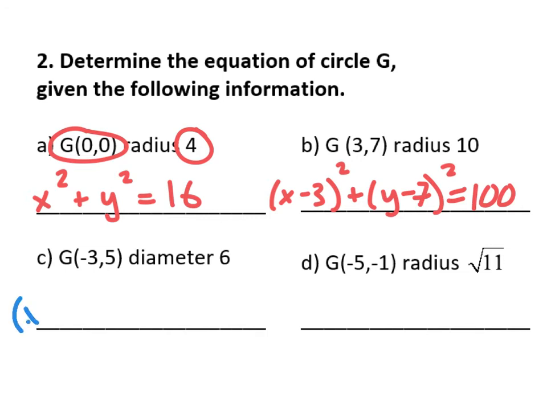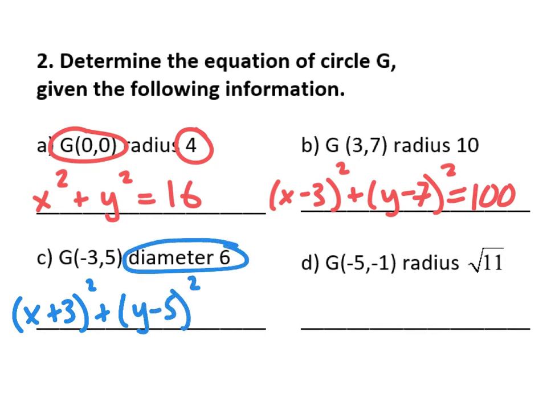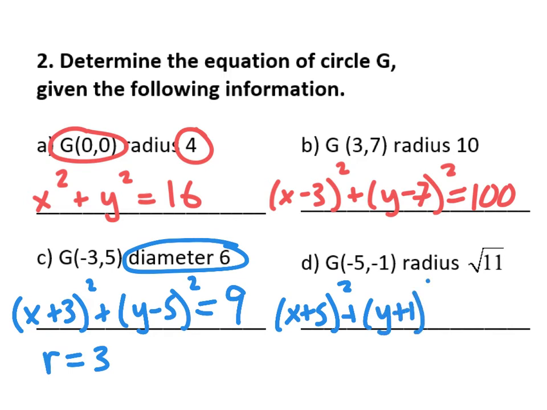This would be x plus 3 squared, y minus 5 squared. Now this says the diameter is 6. That means our radius is 3, and when you square 3 you get 9. Here we get x plus 5 squared, y plus 1 squared equals 11. Why 11? Well, r equals the square root of 11, so when you square that, you just get good old-fashioned 11.